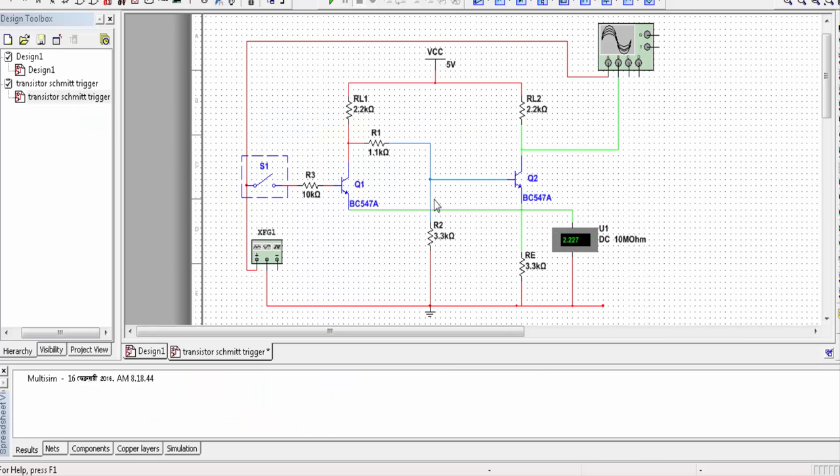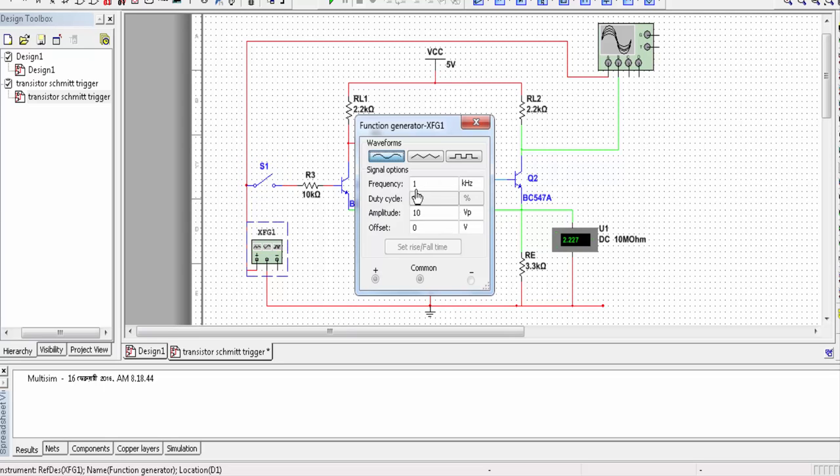Now let me run the simulation to show you the square waveform that is generated from this circuit. Here I have VCC equal to 5 volt, and from the function generator I am supplying 10 volt peak sinusoidal voltage in the circuit.